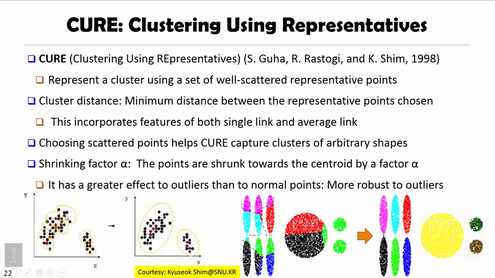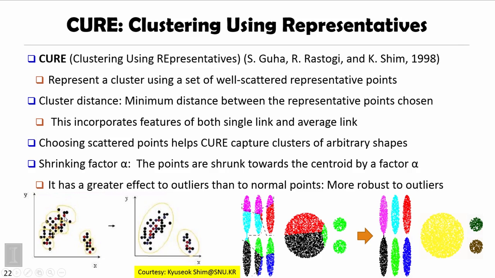You can consider these representative points of this group. Then the distance between the clusters is the minimum distance between the representative points. This incorporates the ideas of both single link and average link.